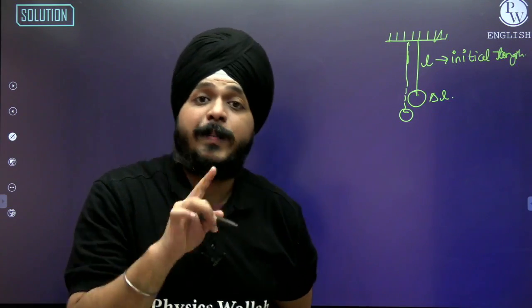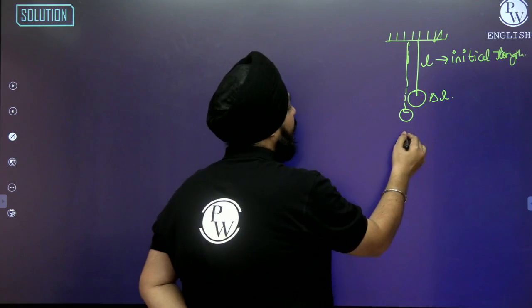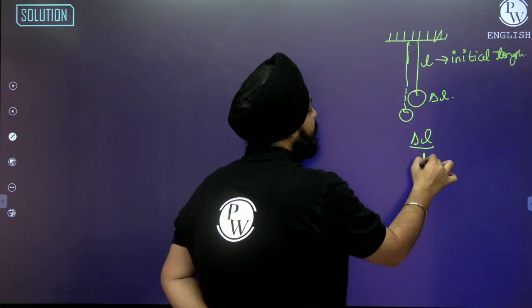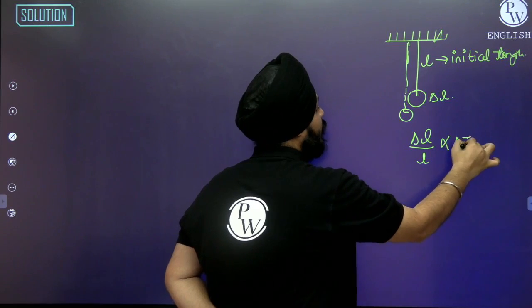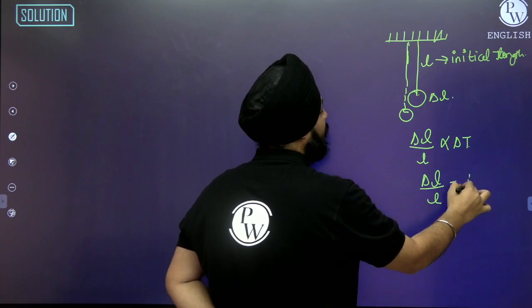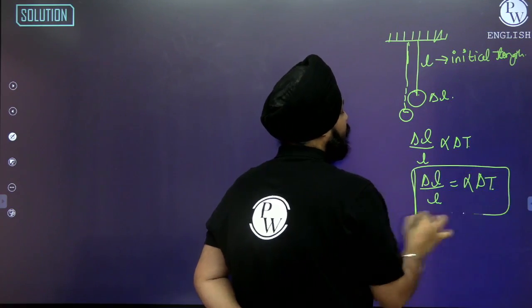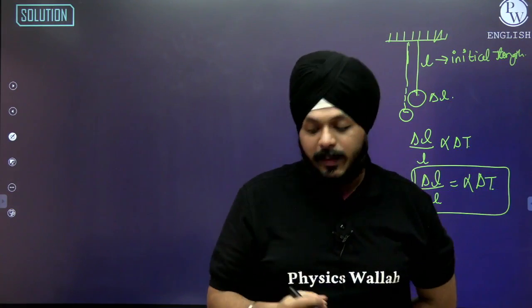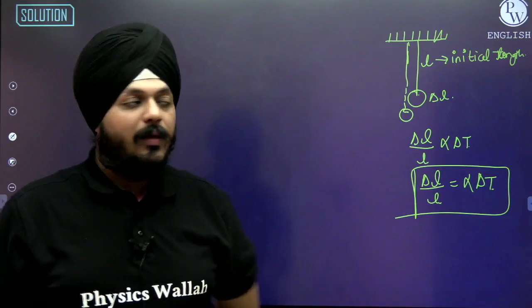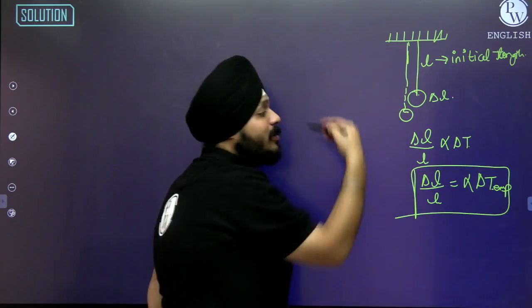And here comes the expansion of solids. The increase in length to the original length is directly proportional to delta T. Removing this proportionality sign and getting one constant, that is alpha, known as the coefficient of linear expansion. This T stands for temperature, that T stands for time.